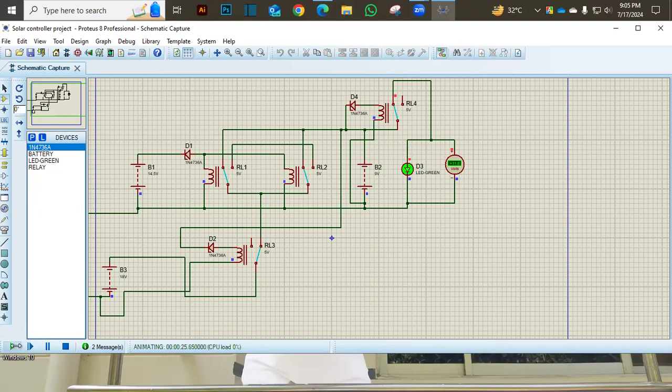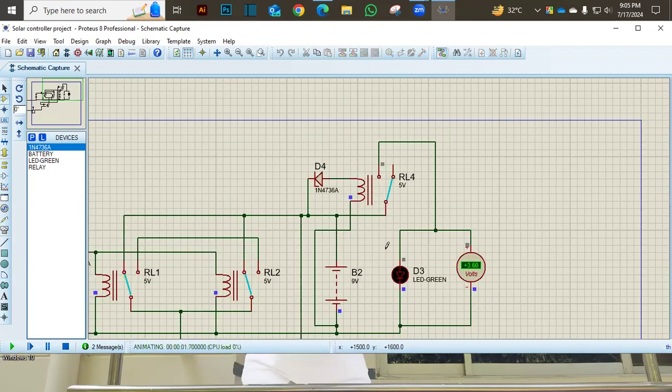If this is a night condition when our solar panel is off, in this case you can see that our relay does not open and our load will be closed.